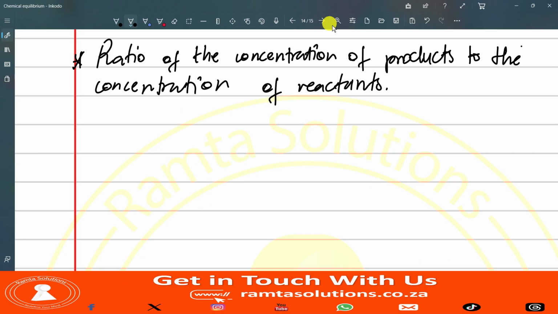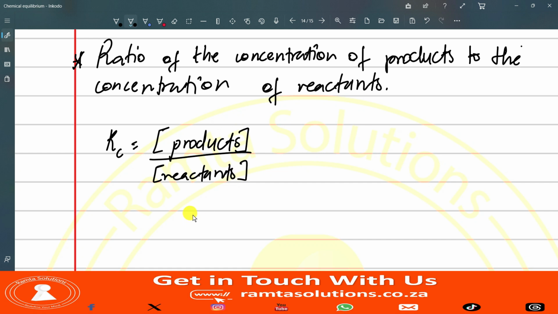All right, now we say Kc is equal to, I'm using these square brackets intentionally, product over reactant.